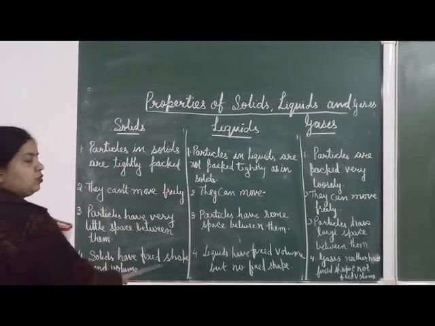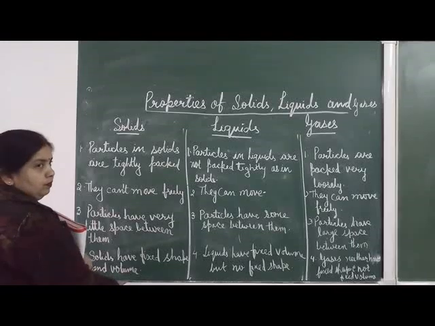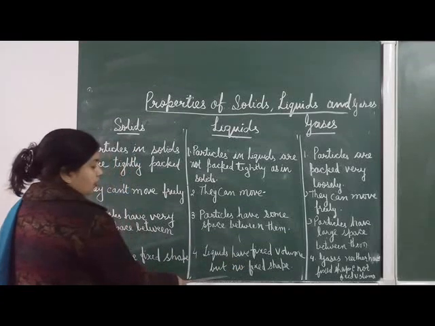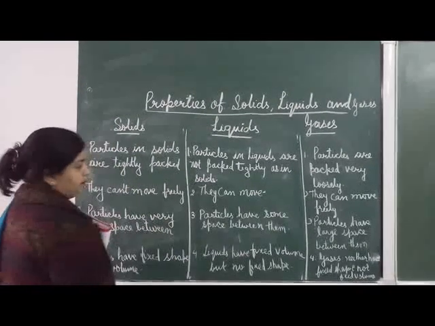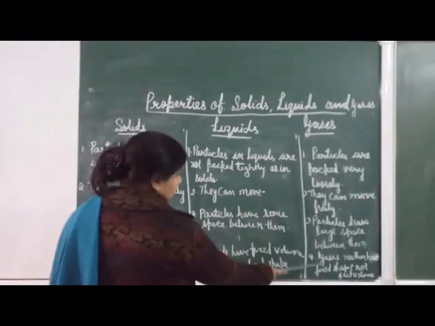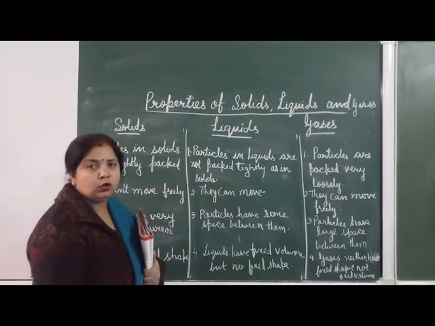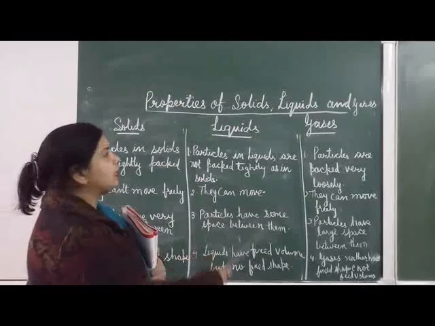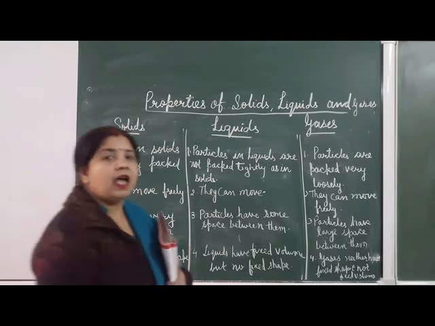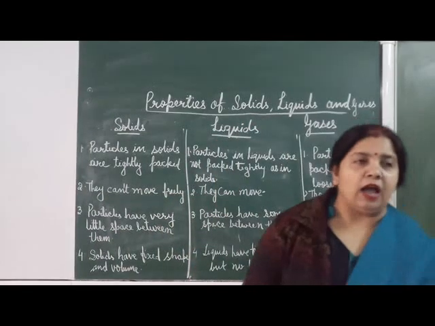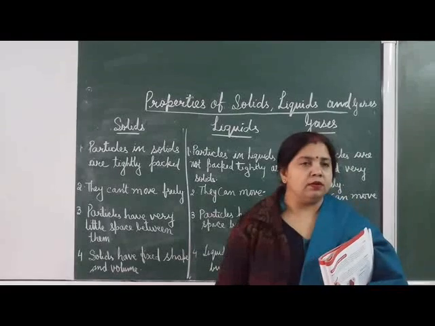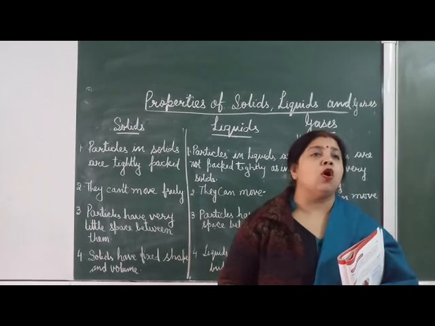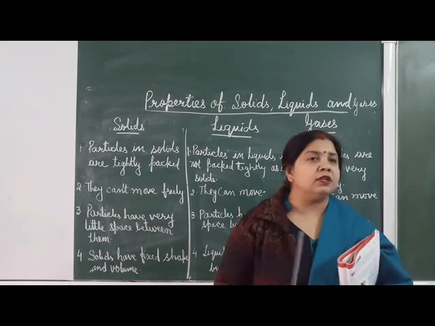Solids have fixed shape and volume, but liquids have only fixed volume but no fixed shape, and gases have neither fixed shape nor fixed volume. These are the properties of solids, liquids and gases. I hope you have understood very well the arrangement of particles or atoms in solids, liquids and gases.